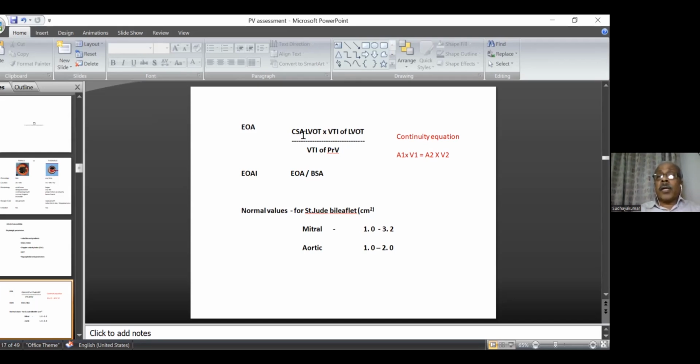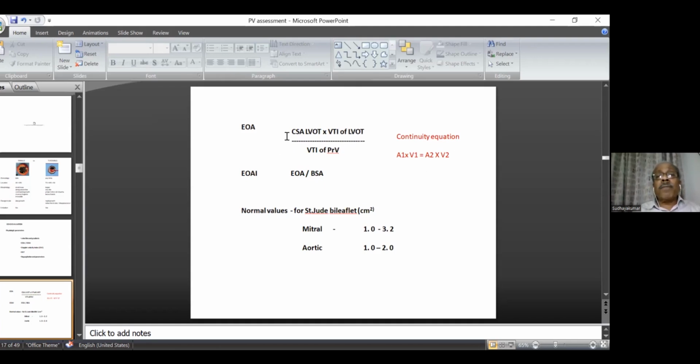So the cross-sectional area of the LVOT is measured in the cross-sectional view, or in the parasternal axis view, and you use pi d square or pi r square to measure the area. Then the LVOT cross-sectional area and the velocity time integral of the LVOT are divided by the velocity time integral of the prosthetic valve.